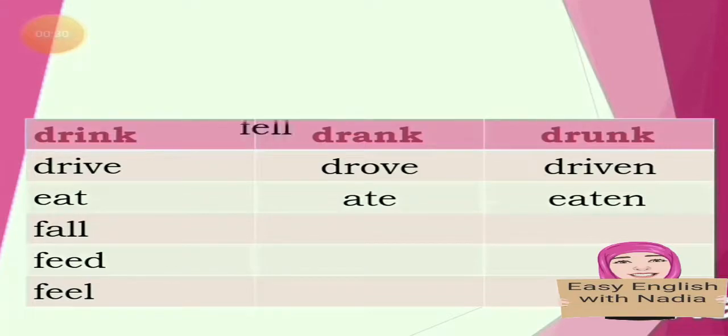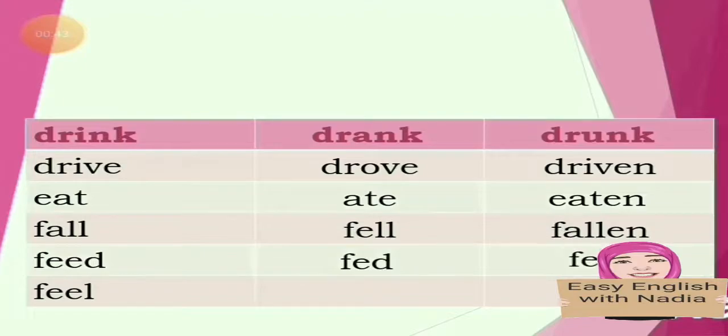Fall, fell, fallen. Feed, fed, fed. Feel, felt, felt.